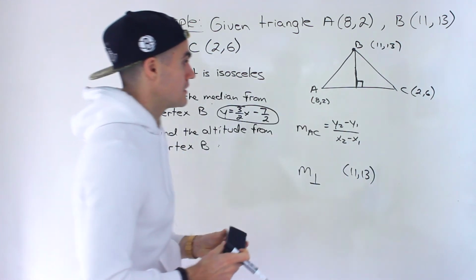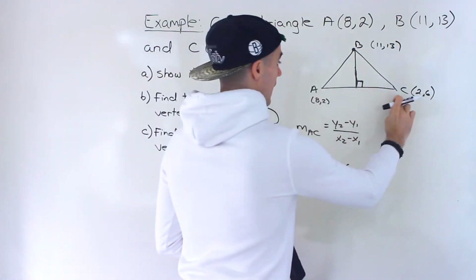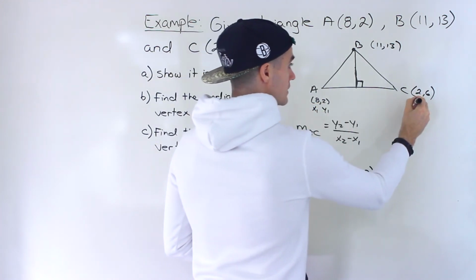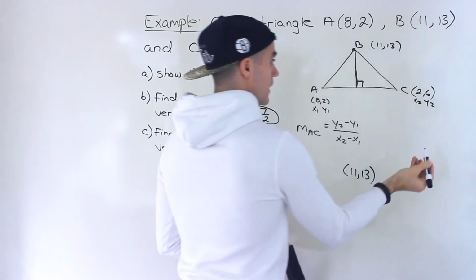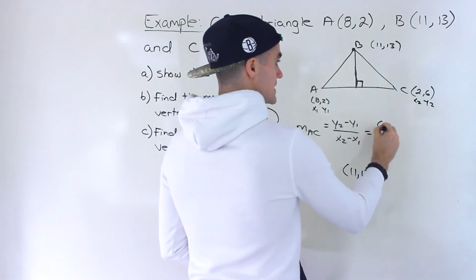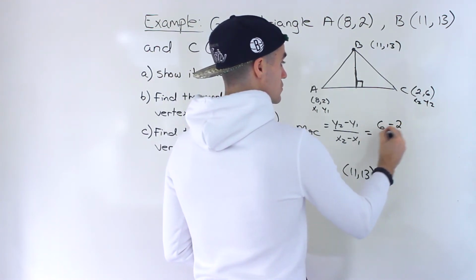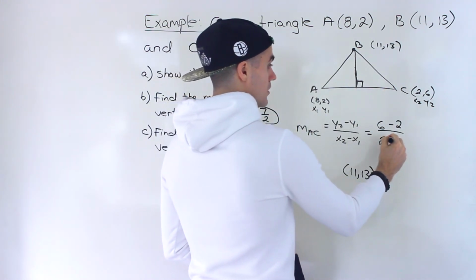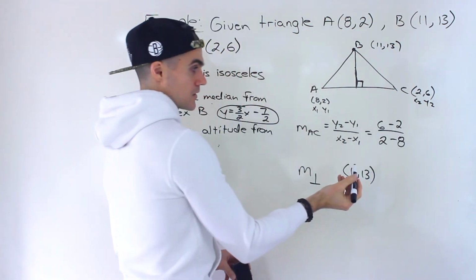So let's first find the slope of AC. So let's let this be x1, y1. Let this be x2, y2. So we would have 6 minus 2, right? y2 minus y1 over x2 minus x1.